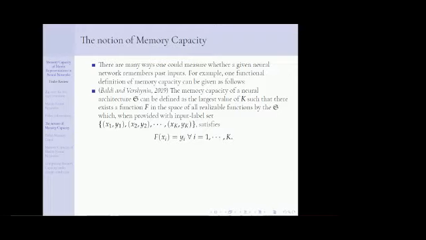These authors define the memory capacity of a neural architecture S as the largest value of K such that there exists a function f in the space of all realizable functions by S which, provided with the input label set, remembers them correctly.